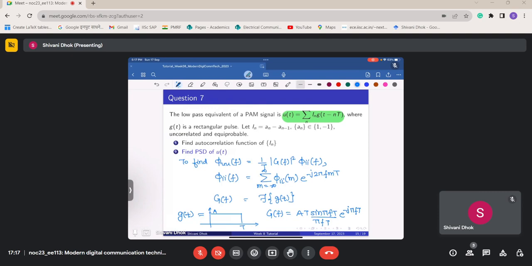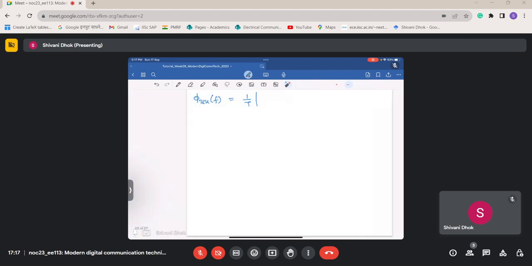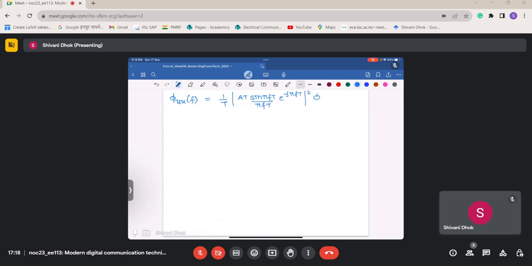So we need to substitute this equation here. So we have AT sin(πfT)/(πfT) times e^(-jπfT), squared, times phi_I(f).